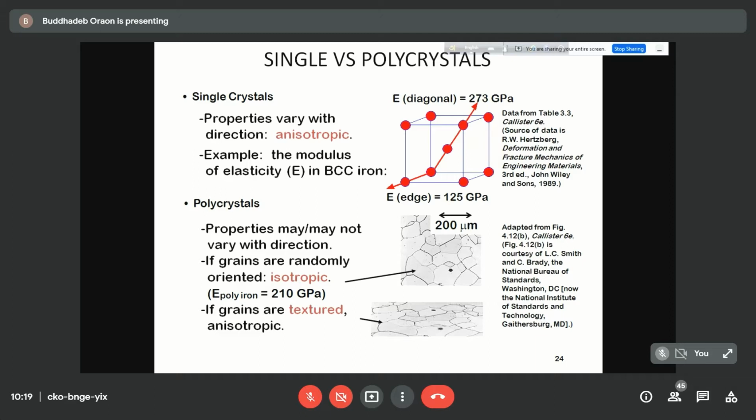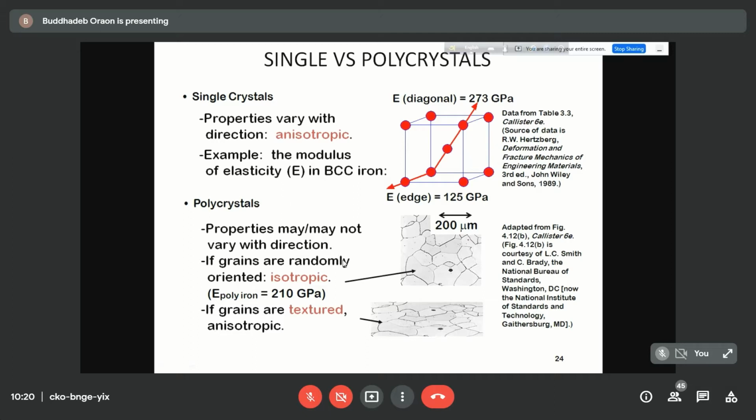Now if it is a single crystal, and let us say one unit cell we are considering, for simplicity we have taken cubic structure, body center cubic structure rather. So in body center you have the central atom at the center and 8 atoms at the corners, and we are concerned about this unit cell only. Now let us take one important mechanical property, say elasticity, elastic modulus.